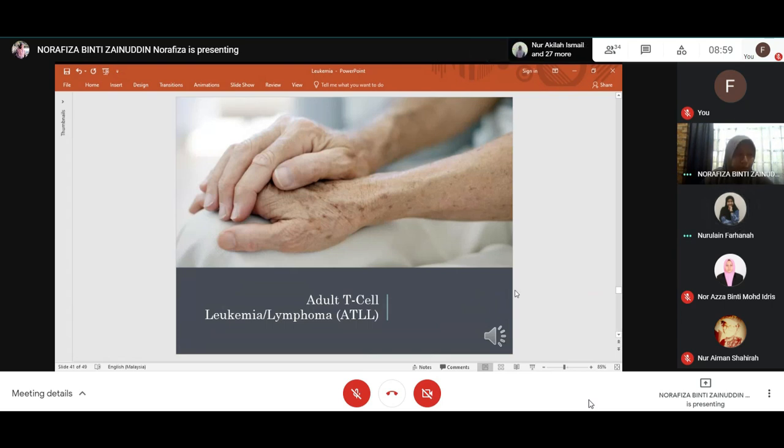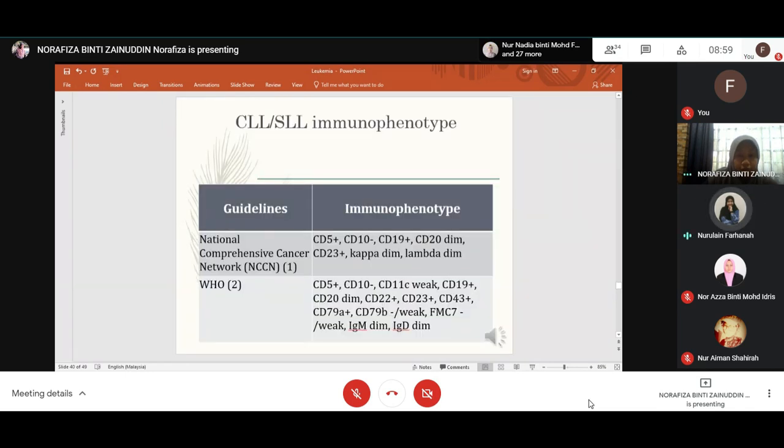Doktor, can I interrupt? For CD5 plus and CD10 minus tu, CD10 minus tu maksudnya apa? Sebab saya tak faham. Dah belajar immunophenotype belum? Rasanya macam dah, tapi macam lupa yang CD10 minus tu minus what? Saya rasa kena tengok balik nota immunology. Saya rasa Dr. Ridwan dah mention apa dia plus, apa dia minus.